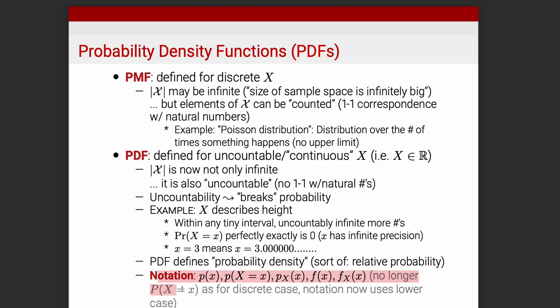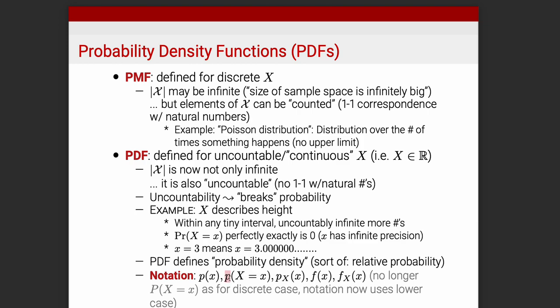On the bottom here, I've listed various ways that people refer to PDFs as opposed to PMFs. It gets a little bit confusing. Remember how big X refers to a random variable, and little x refers to a specific realization. You'll often see PMFs referred to by a capital P, and PDFs by a little p. That difference is not realization versus random variable.